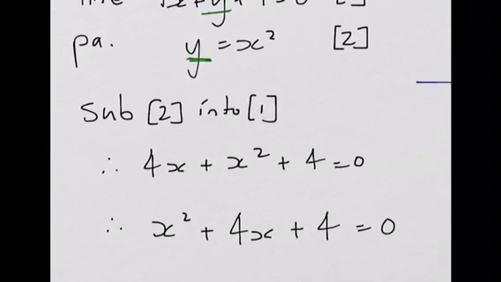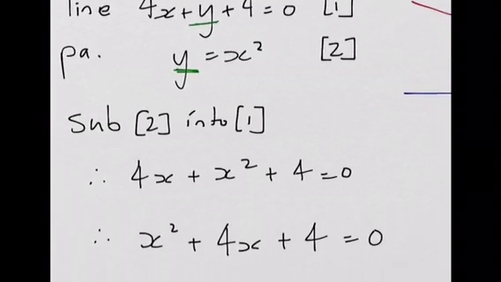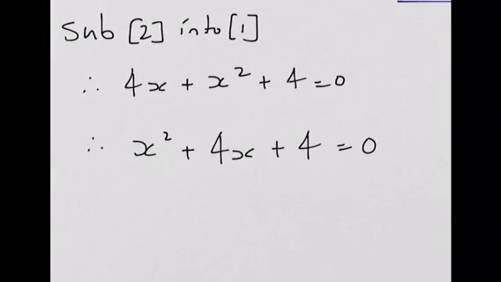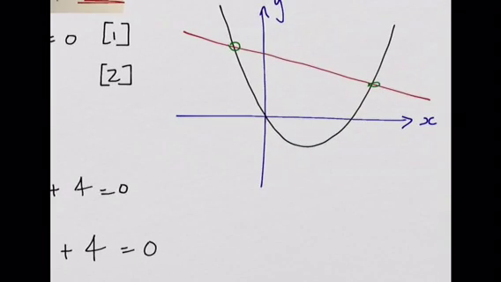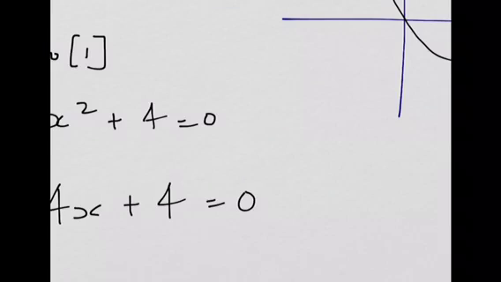Now, to show that it is tangent, therefore only intersecting at exactly one point, we can use our discriminant to show that there is only one root or zero. If there is only one root, that's where the points intersect. If there were two roots, we might have something more like this over here, where here's your first intersection and here's the second intersection.